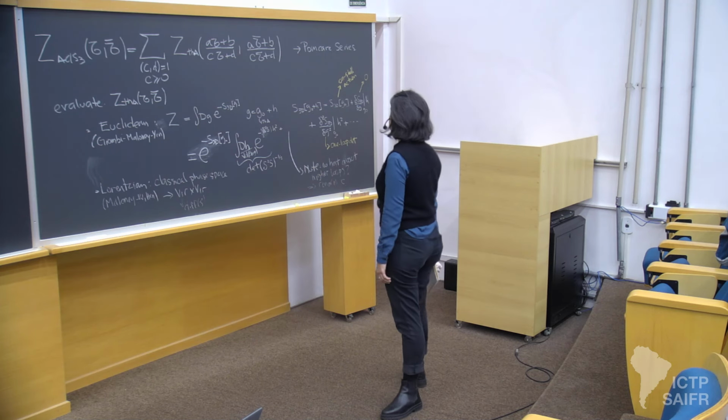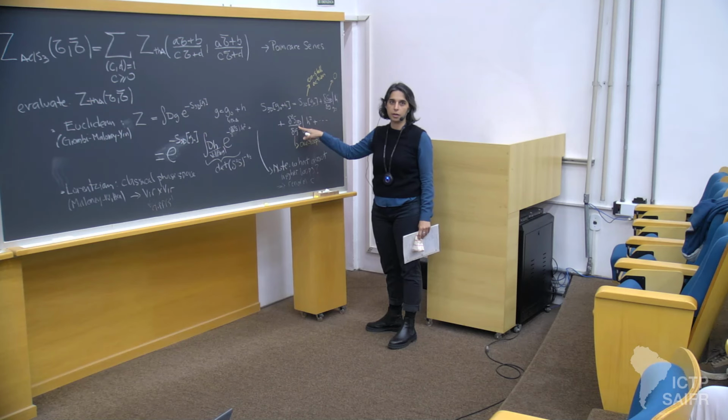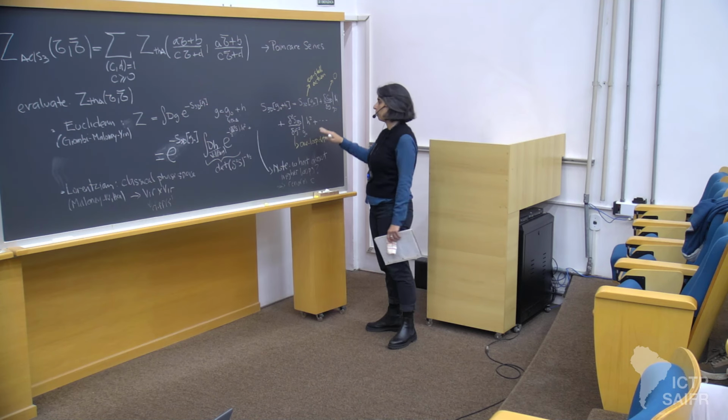No, the action will tell you. You just have to vary this action with respect to the metric up to second order. That will give you some contractions of H with itself. Schematically, this thing here is going to be a tensor that has 4 components.